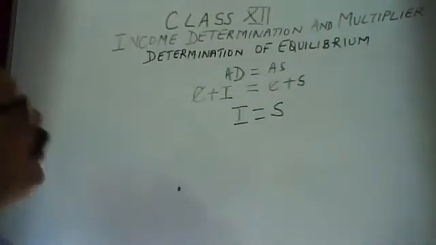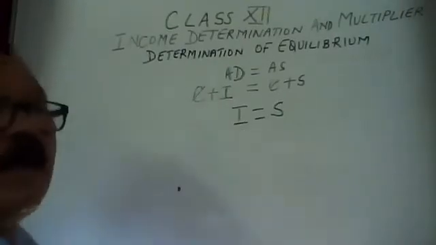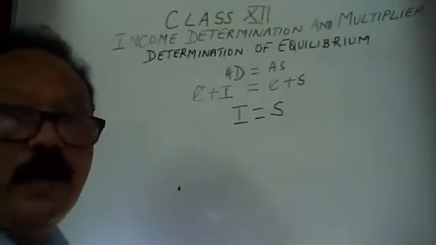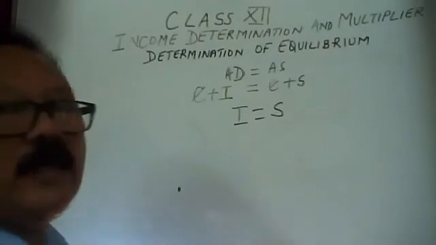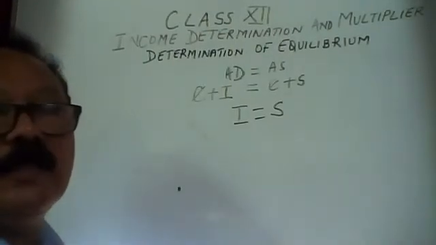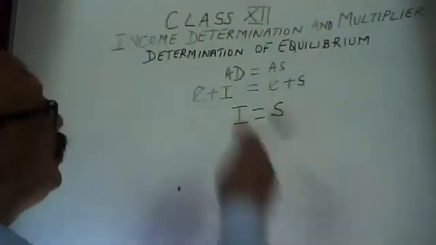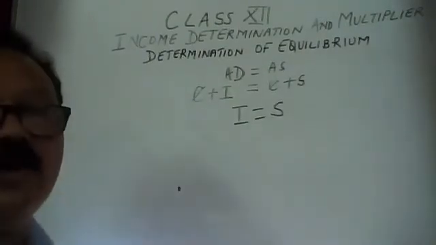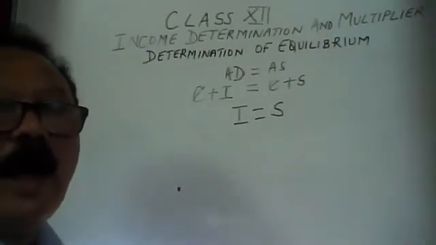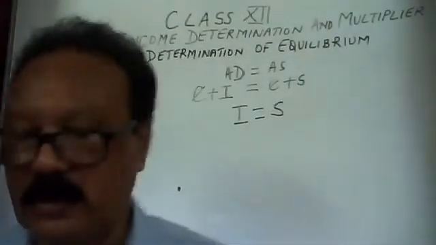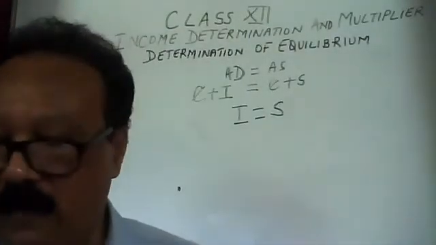Now, how do we know? AD is equal to consumption plus investment, as already taught to you, and aggregate supply is equal to consumption plus savings. See the common factor. If you remove it, what do you get? I is equal to S. So that takes care of your definition.